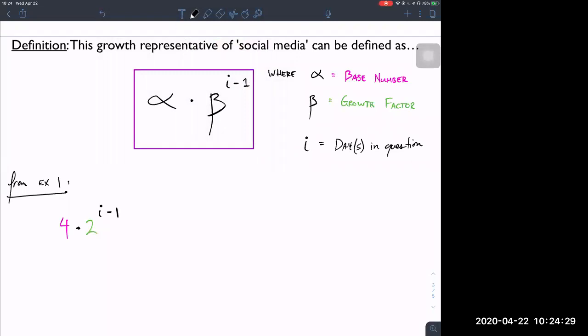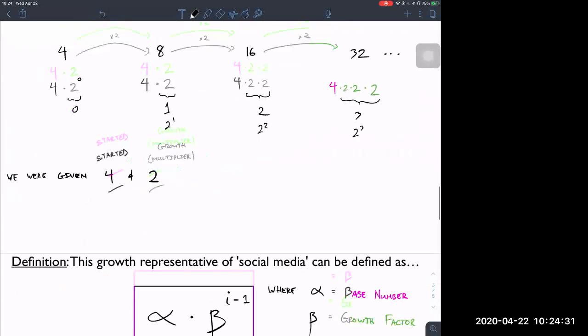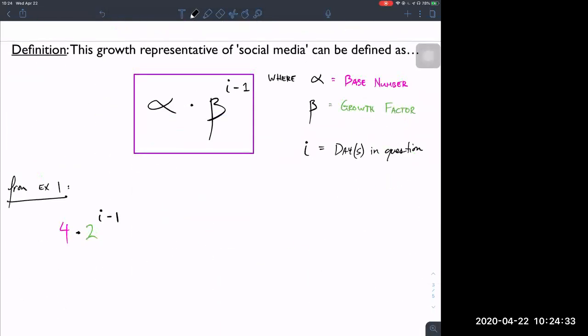So again, I got the 4 and 2 from example 1, and I'm now writing it in this format here. And then what I just typed in the Google Doc is, what if I want to know the total number of people in the first number of days, right? What that means is that, say the first 2 days, make it super simple, right?